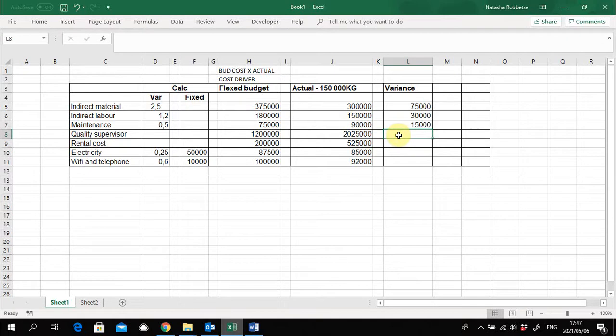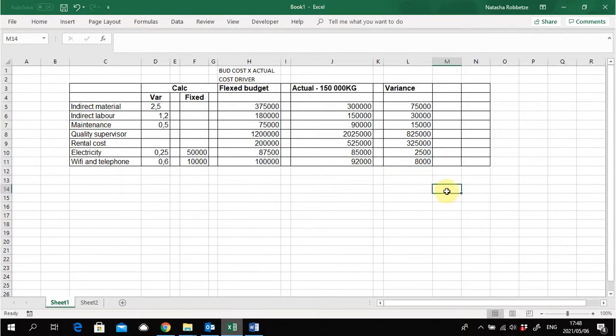If I look at the 1.2 million Rand and the 2,025,000 Rand, I see that the difference there is 825,000. Then the difference in the rental cost was 200,000 minus the 525,000, and that gave me a difference of 325,000. The difference between the electricity, the budget, and the actual was 2,500. And then the difference between the 100,000 and 92,000 was 8,000.